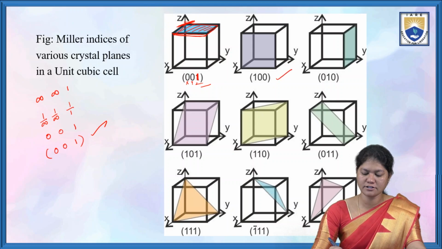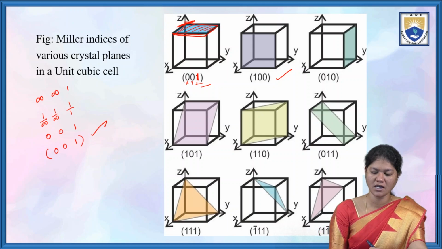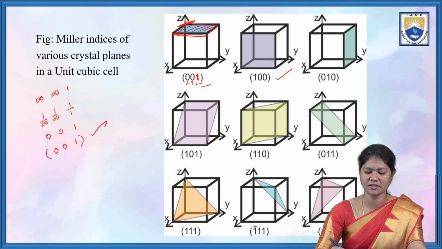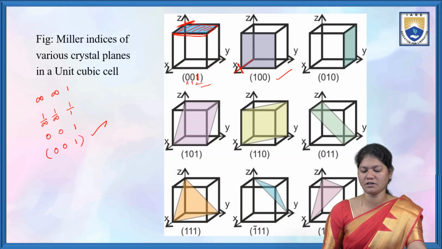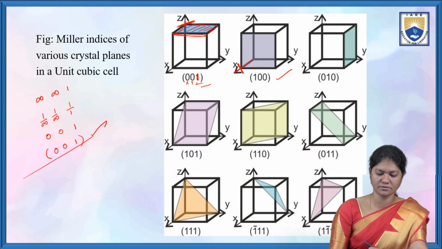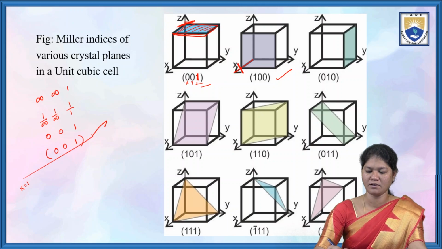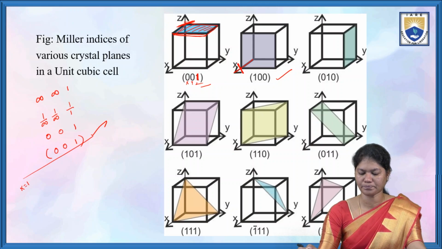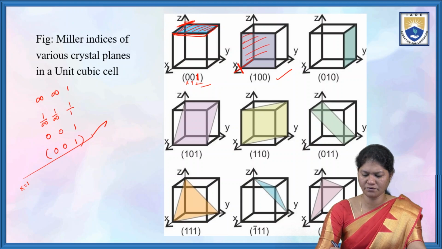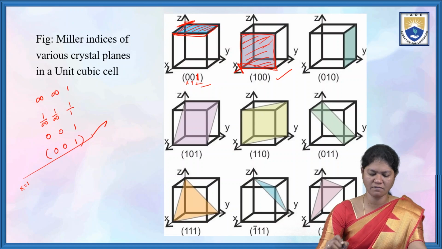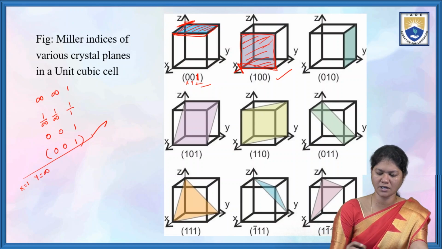X, Y, Z. The interception on the X axis is 1. For the Y axis, the plane we are taking, the front one, has no interception on the Y axis, so Y is equal to infinity.